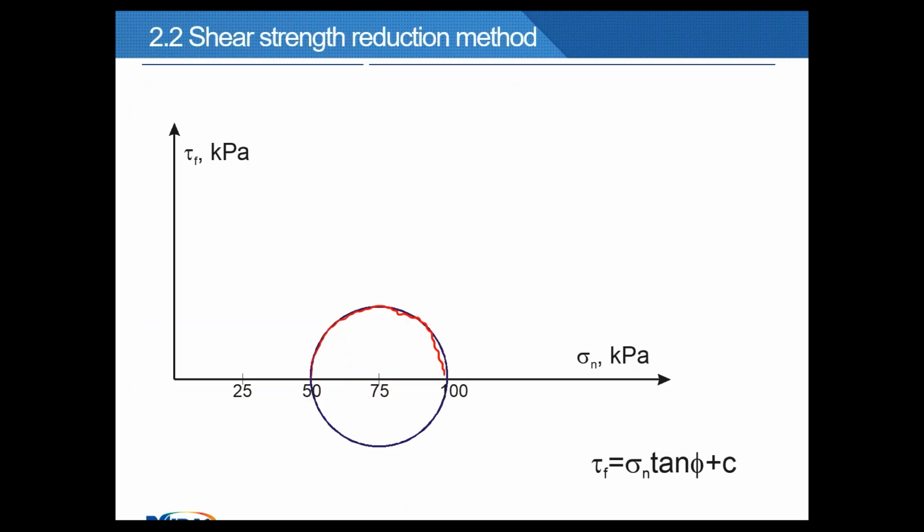Okay, about the shear strength reduction method. It's the most popular method in slope stability analysis among numerical methods.